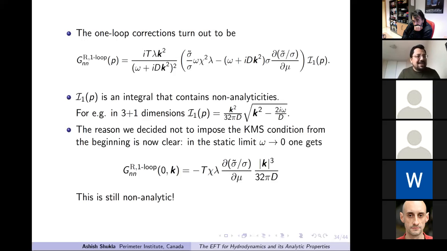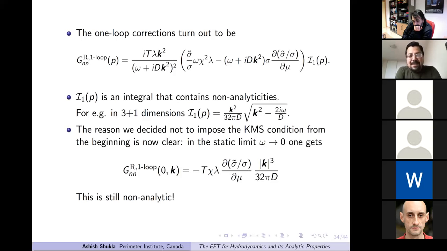To unwind it, in constructing the effective action, we let go of some of these constraints. If you let go of the KMS constraint in constructing the effective action, you realize that it's this piece that is actually bringing about the analyticity. If you impose it right at the level of the action and then do the computations, you get nice analytic results, but you never know how exactly this was being brought about.